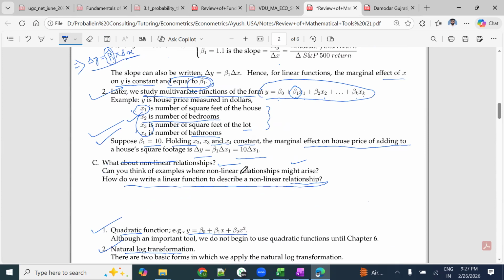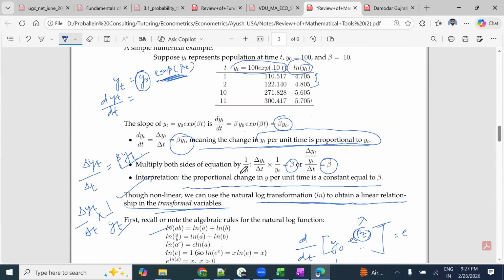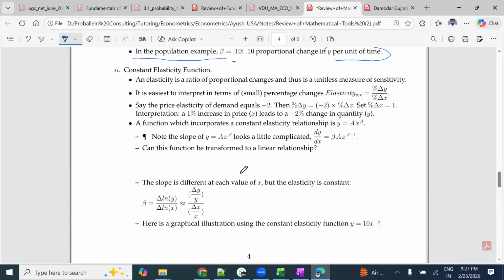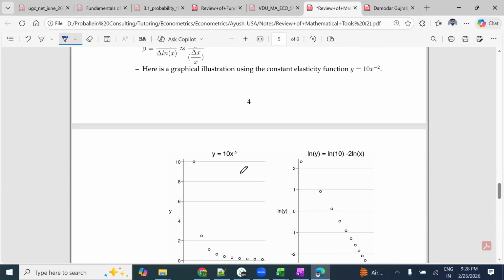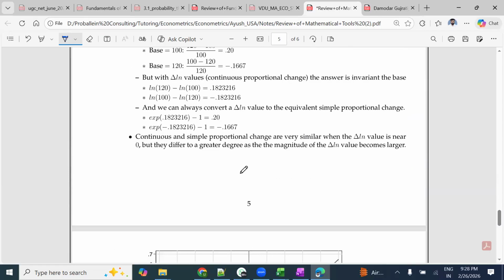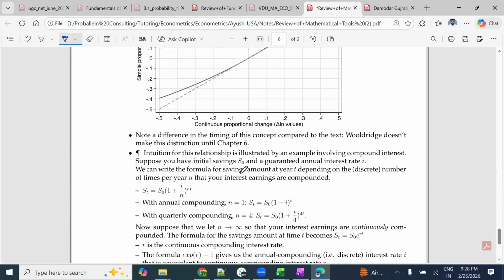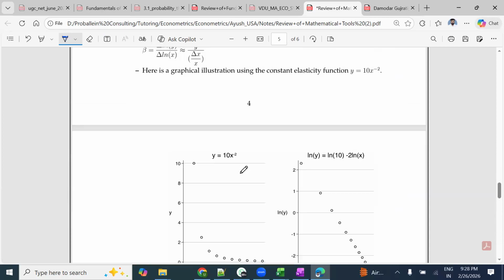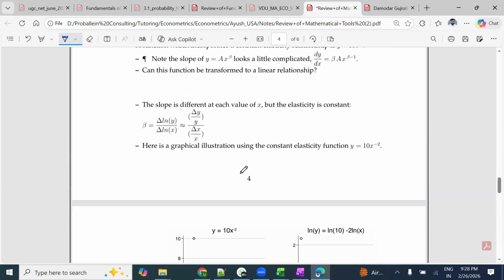So I think the first part is the math part, and the second part is the plotting you can do. Second part is the constant elasticity. So math, if you understand, I think you can understand the rest of the things. I think tomorrow, if there is any time, for the math part, Bhakti ma'am, we can use the board to understand, right?